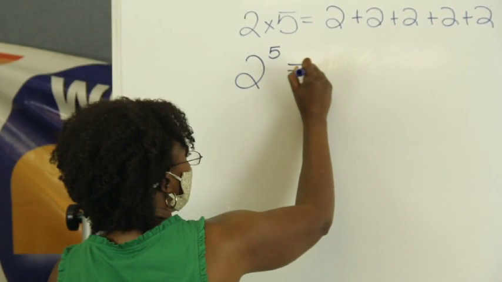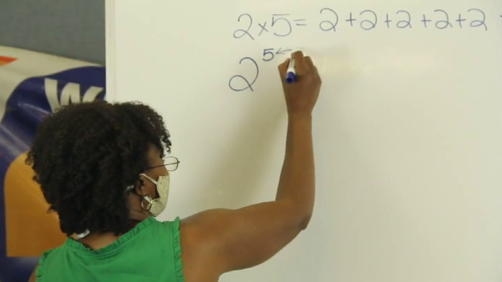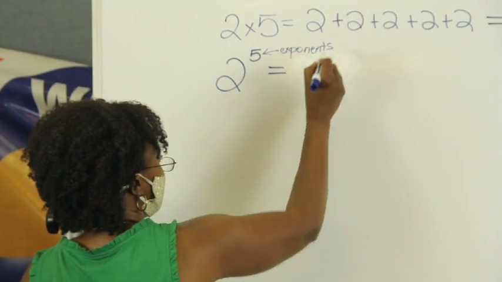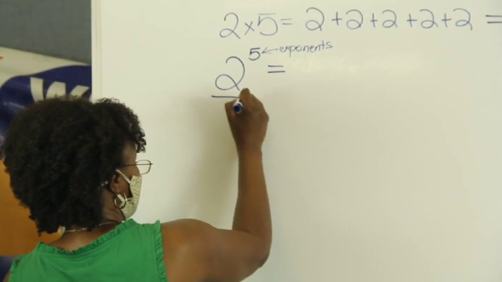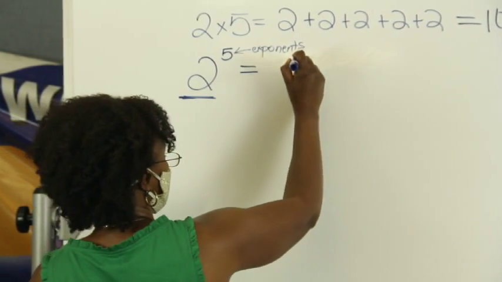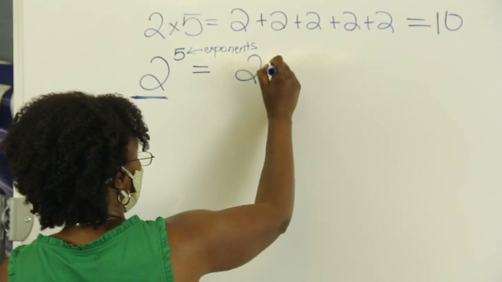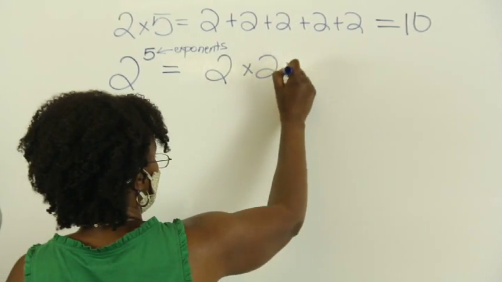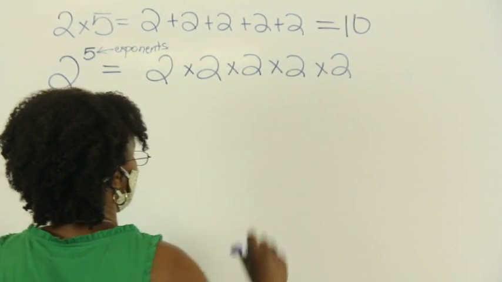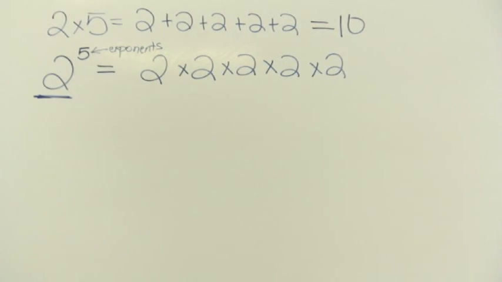And so this exponent tells you how many times that you need to multiply the base number. So you would go 2 times 2 times 2 times 2 times 2. And that is 5 times.